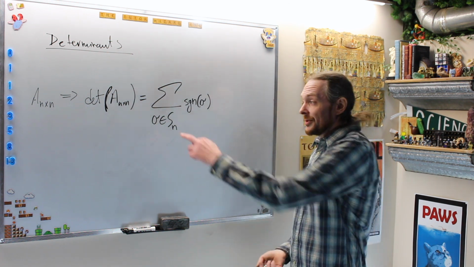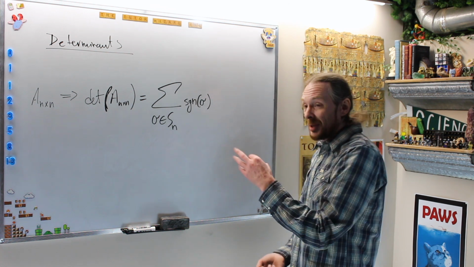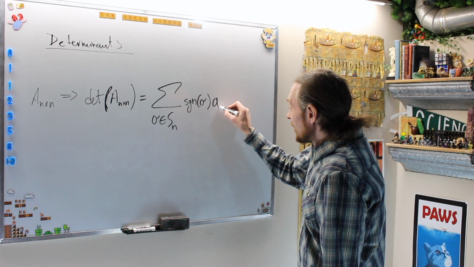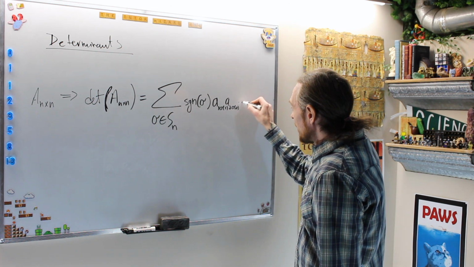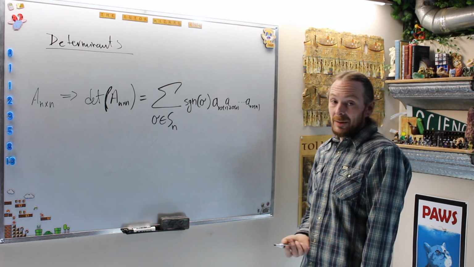If it's odd transpositions, you get a negative. That's where the negatives come from. If it's an even transposition, you get a plus, times the product of the permutation of all of the indices, A1 sigma of 1, A2 sigma of 2, dot dot dot, An sigma of n. This is the definition of determinant.